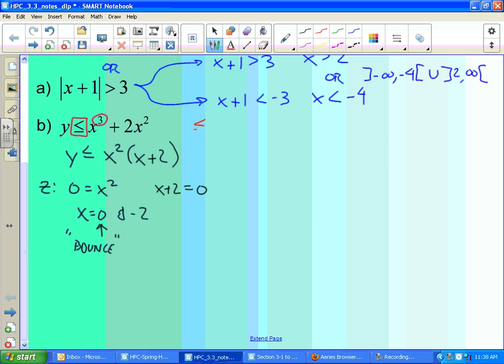So if I've got this or this, I have a solid boundary line. And if it doesn't have that, then it's a dashed boundary.